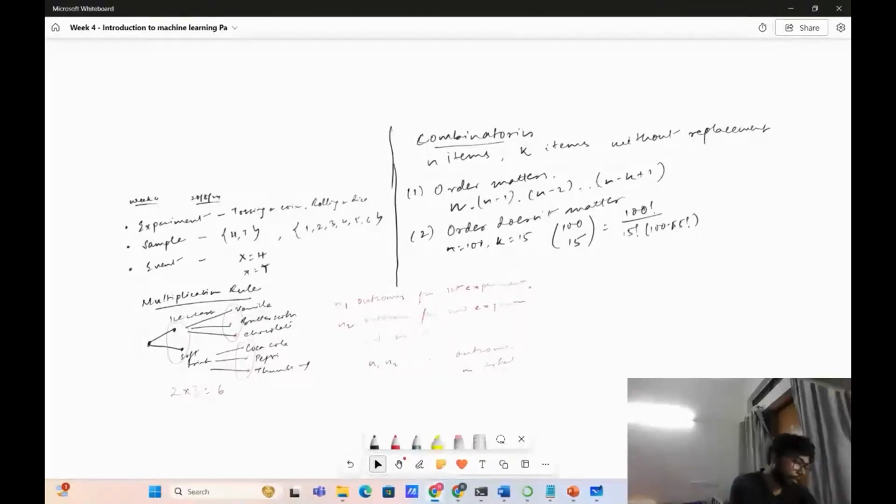In general, n choose k is equal to n factorial divided by k factorial times n minus k factorial, right? So this will give you the number of ways you can choose 15 people out of 100 people, right?